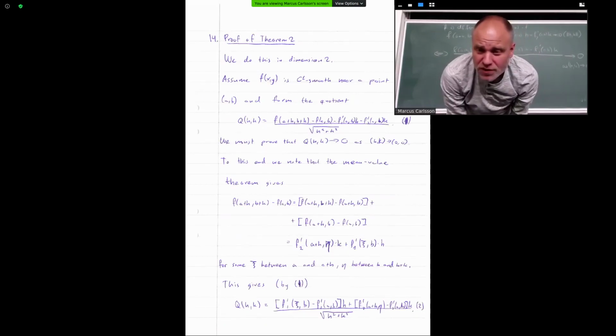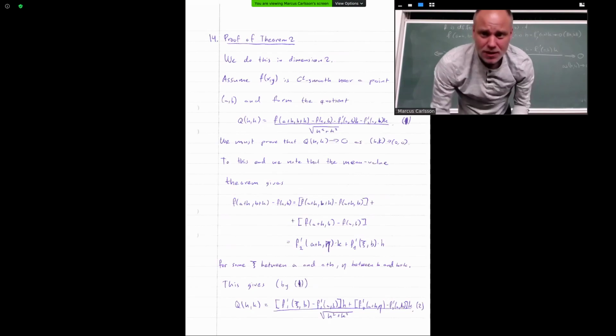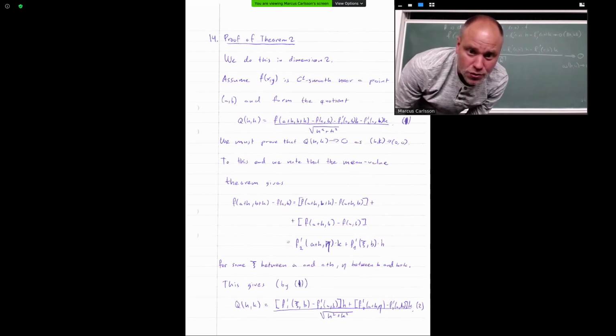The proof of this theorem is actually easier than the previous one, and it relies on one of the most common tricks in mathematics. I'll get to it. Let's just write up what we have to work with first, okay?